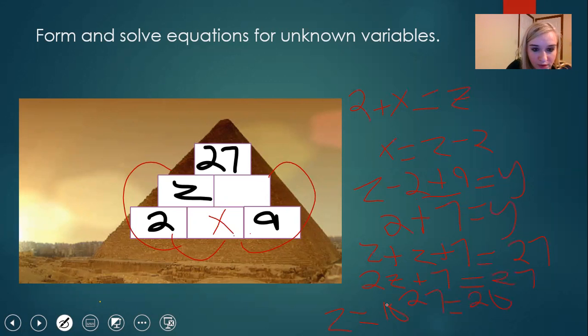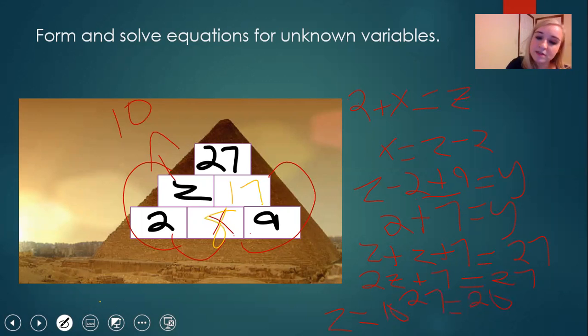So now that we know that this equals 10, what plus 2 equals 10? So we know that that would have to be an 8. 8, 9, 10. So 9 plus 8 would be 17.